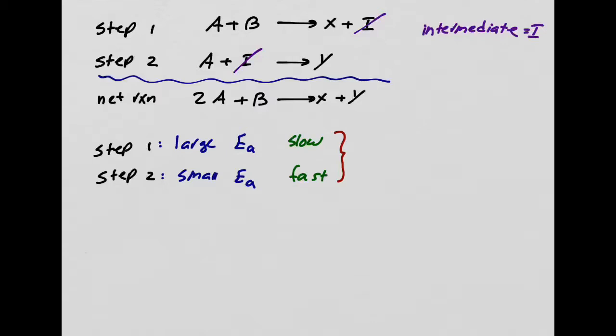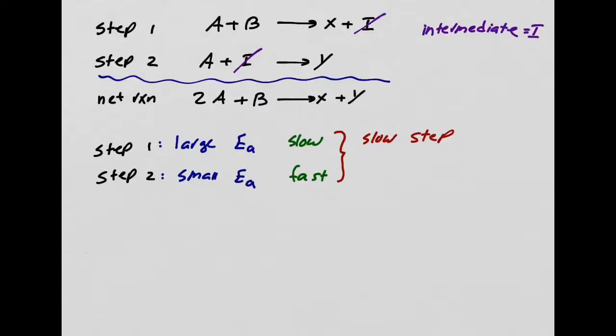What controls the rate of the reaction is the slow step. Probably you guessed that right, because you are as good as your weakest link. Remember that. If you're on a team, let's say a soccer team, your team is as good as your slowest runner. If you're on any team, your team is as good as your weakest player, right?